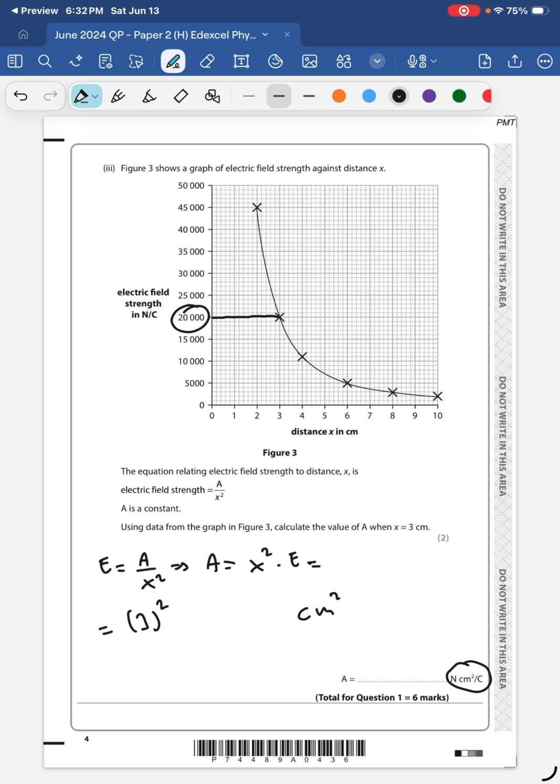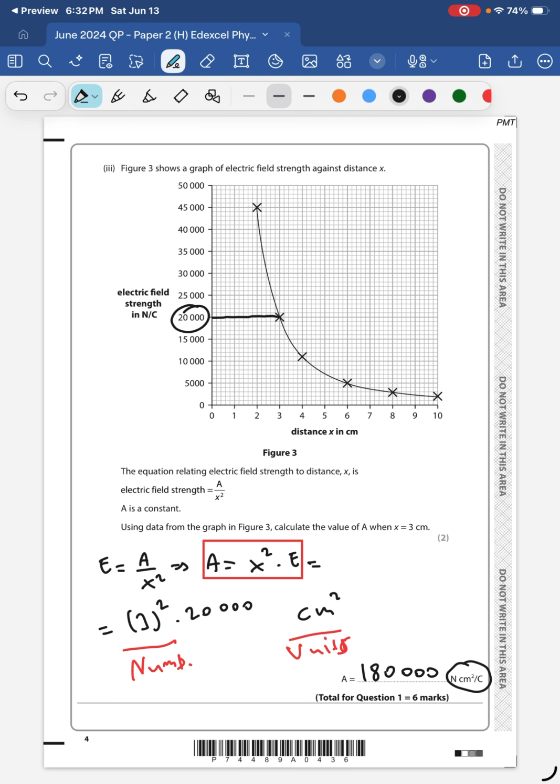The way I work, I try to arrive at the final algebraic expression, like this one in the red box. Then I plug in the numbers and put all the numbers to the left and units to the right. So units are over there. 3 squared times 20,000, so that's 9 times 20,000, so that's 180,000, right?